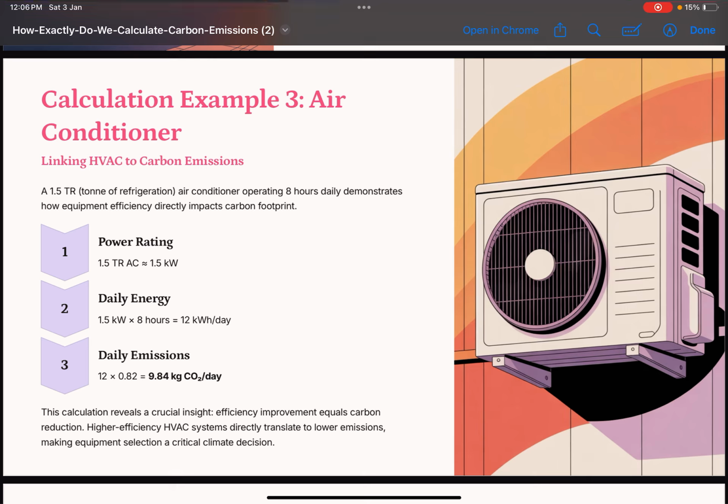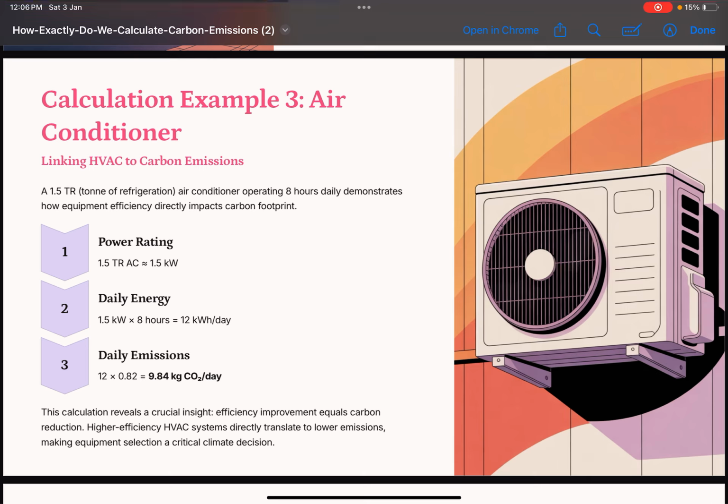Suppose you assume that there is some cooling which is being produced elsewhere, not in the industry, and that cooling is because of an AC office which is located outside. In that case, we can calculate the emissions from the HVAC system which is outside the industry like this.